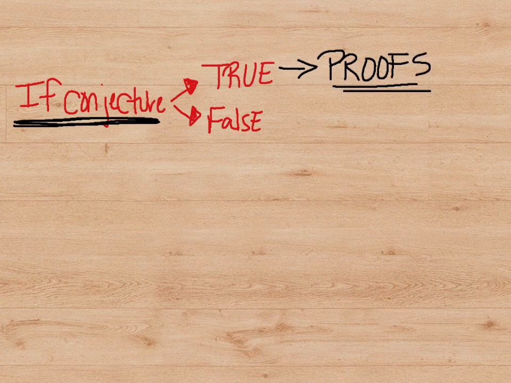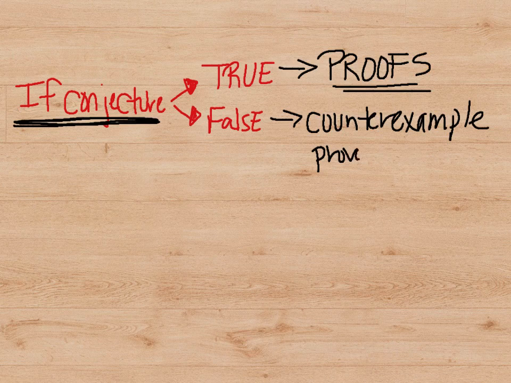But if it's false, we have to provide a counterexample. And that's exactly what it means. It's an example that would prove that it is, in fact, false. So a counterexample proves that it's false.